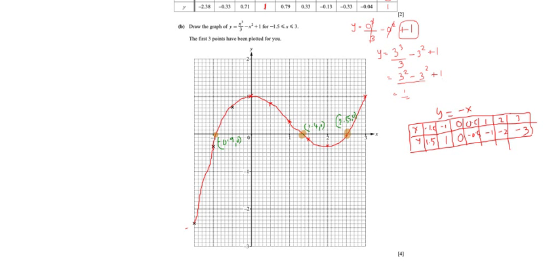I'm using another color, yellow. For x equal to minus 1.5, y is here, so I mark that. x is equal to minus 1, y is 1, so that's here. Then when x is equal to 0, it's here, and so on.